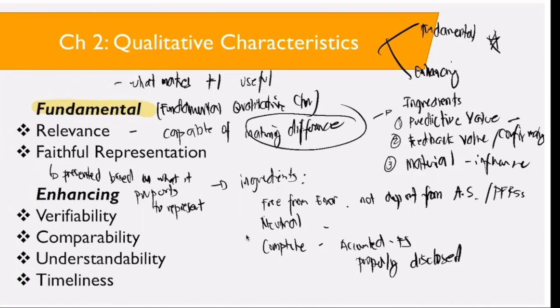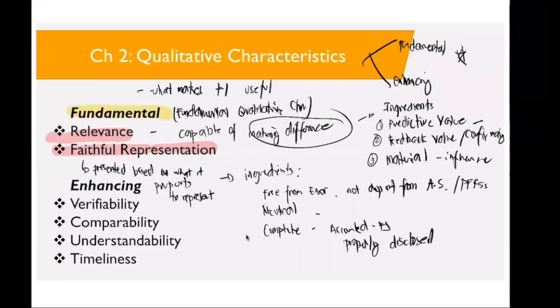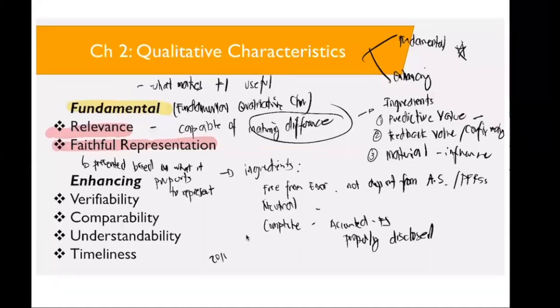So again, we have only two fundamental characteristics: relevance and faithful representation. Take note, guys, that these fundamental qualitative characteristics are needed so that the information is useful. Okay, I told you a while back that this particular conceptual framework is the 2018 conceptual framework. Actually, the fundamental qualitative characteristics are known as your recognition criteria.